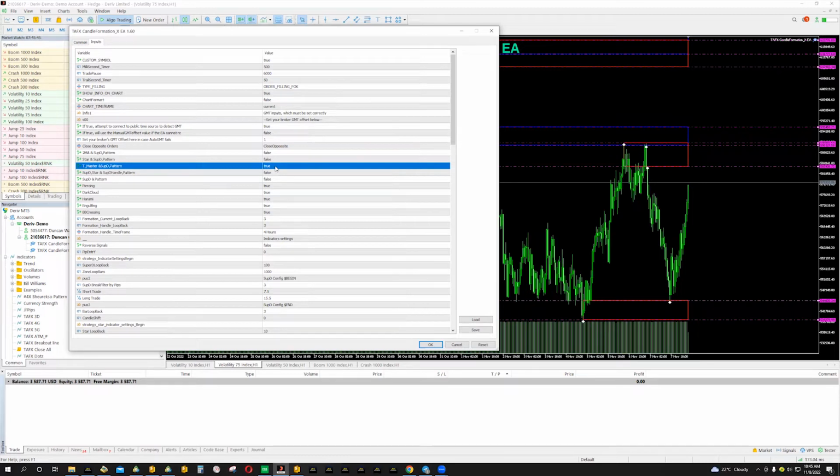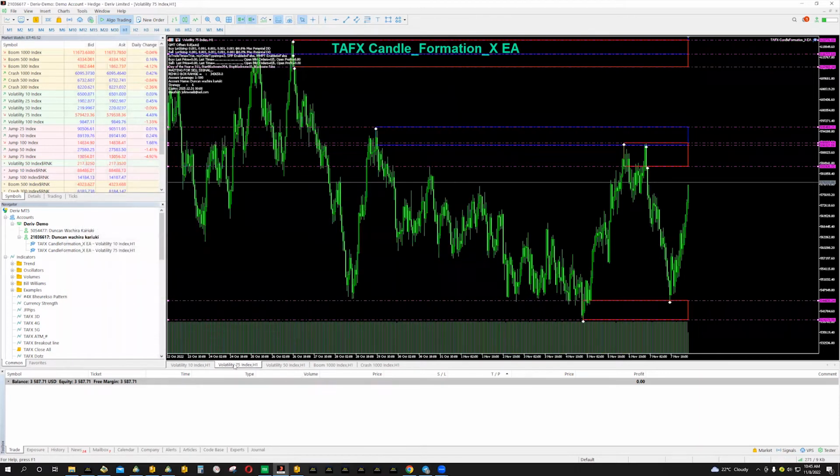That is option 1. Option 2: let's say it is the V75 that got the entry, and maybe you don't want the other EAs to take other positions, because you only got the signal in V75.